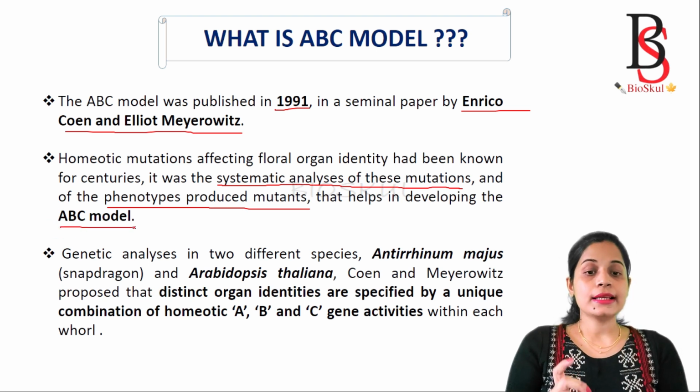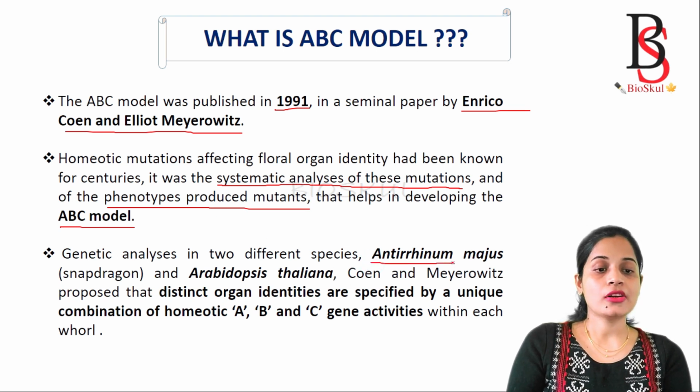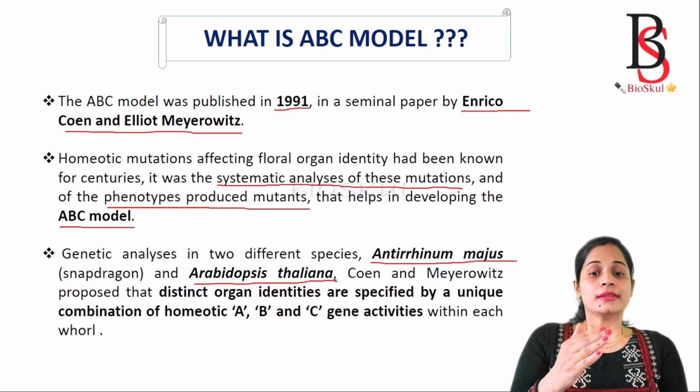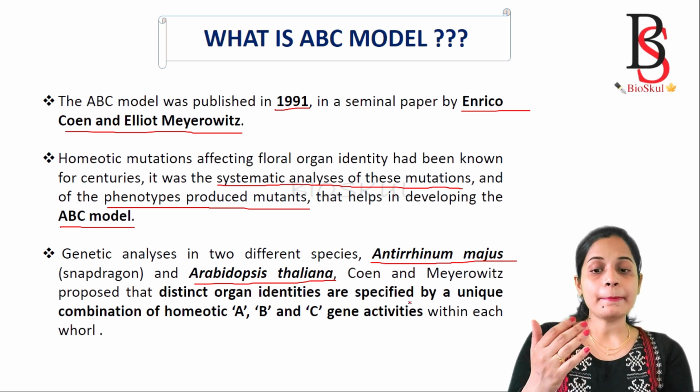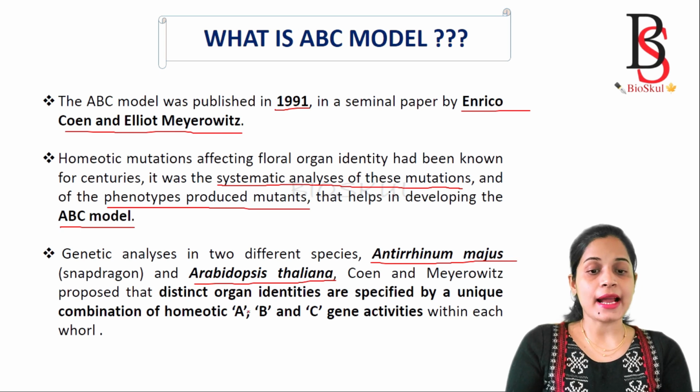Genetic analysis in 2 different species, Antirrhinum majus and Arabidopsis thaliana. They proposed that distinct organ identities are specified by a unique combination of homeotic gene activities.